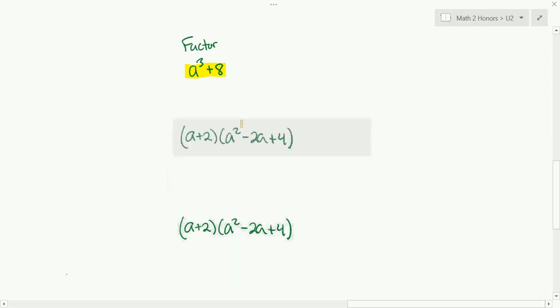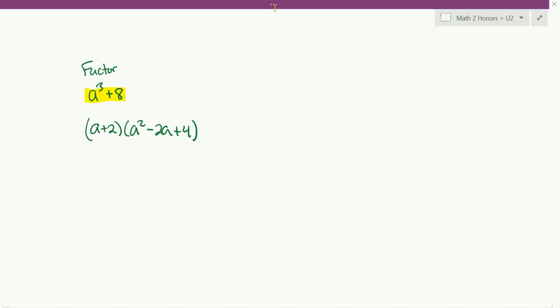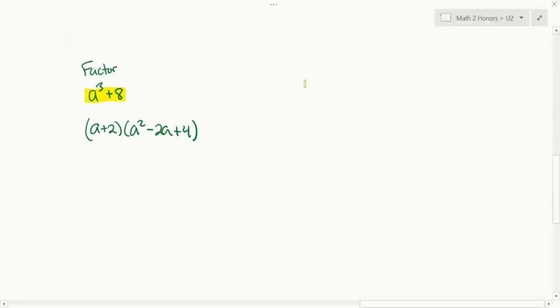Let me give you another one because this will help you look for patterns. Say I had x to the third plus 27. That's a sum of 2 perfect cubes. We know it's going to factor to 2 things times 3 things. Can anybody come up with what you think it might be?